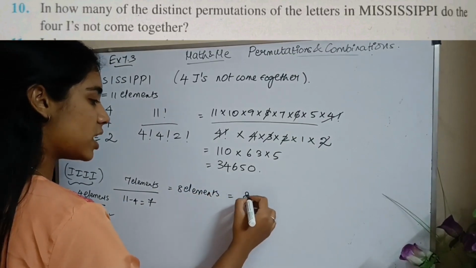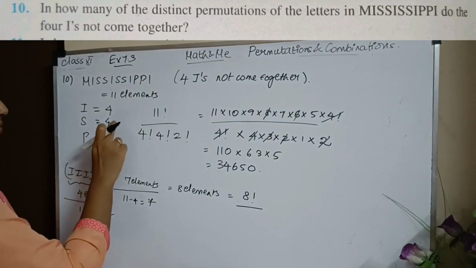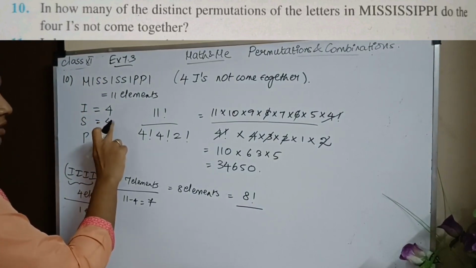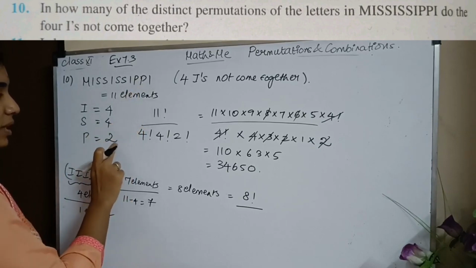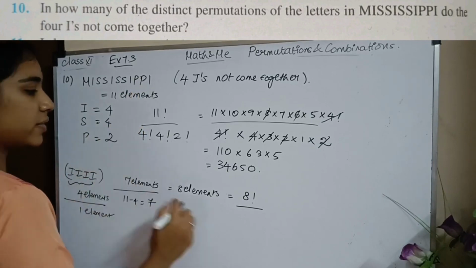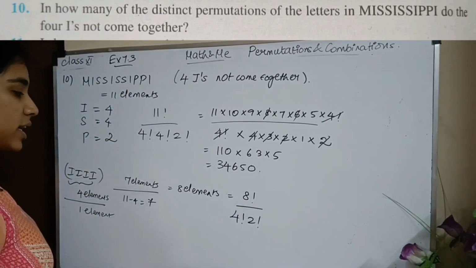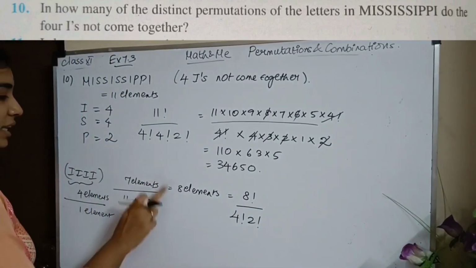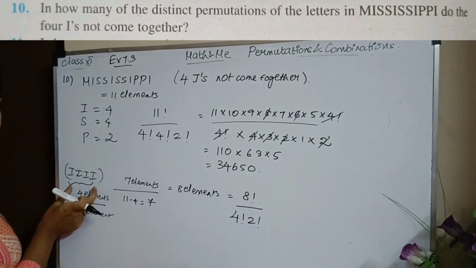Out of which, how can I arrange them? 8 factorial divided by, the I's are gone, I have 4 factorial times 2 factorial. Neglecting the I, how many ways can S and P be permuted? It will be 4 factorial divided by 2 factorial. Correct? This is representing the 8 elements in this way. Now I have 4 I's which are together.